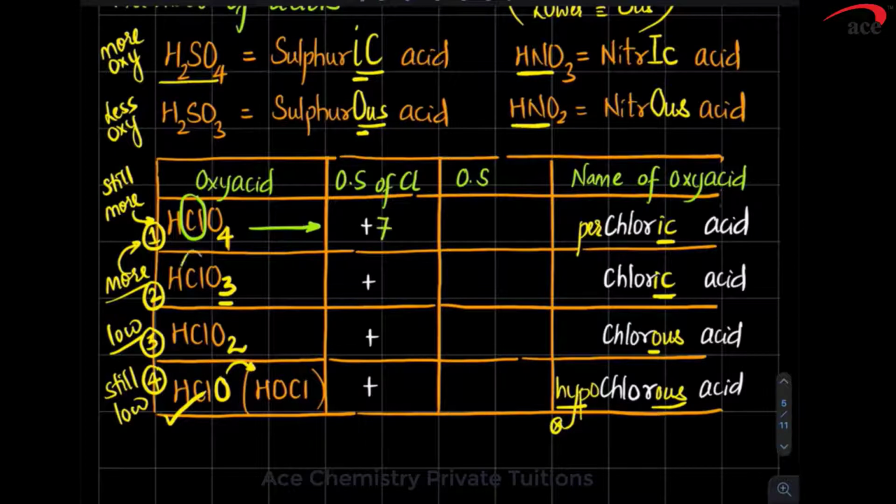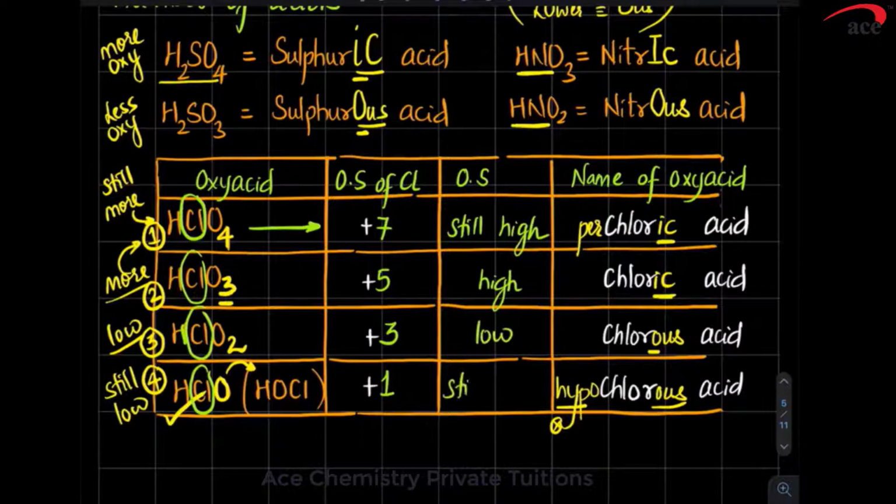While this chlorine has +5. In this case, chlorine is +3 and the last chlorine is +1. So this was imagined as high, while this was found to be still higher than expected. While this was imagined as low and this was still low.